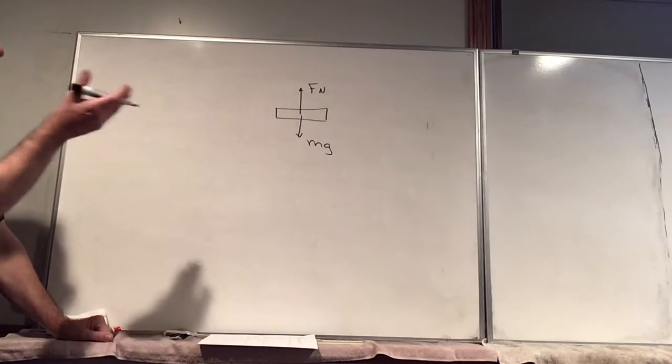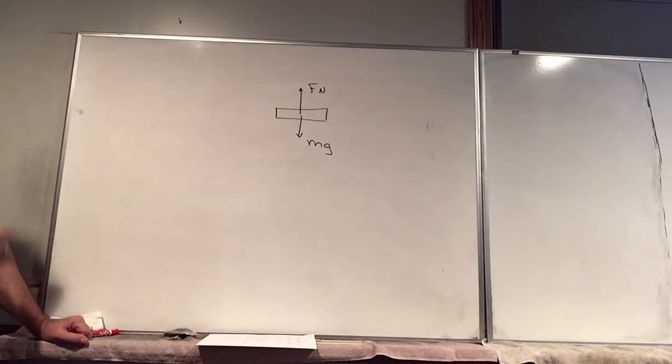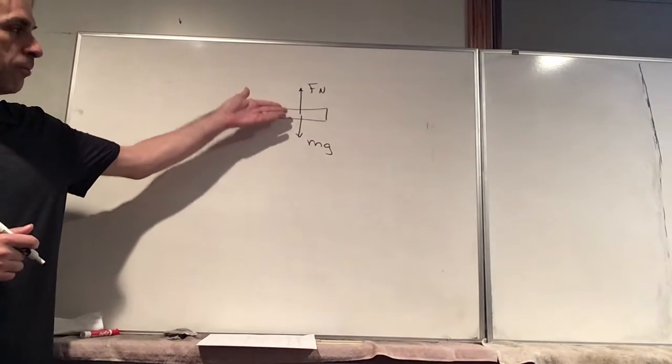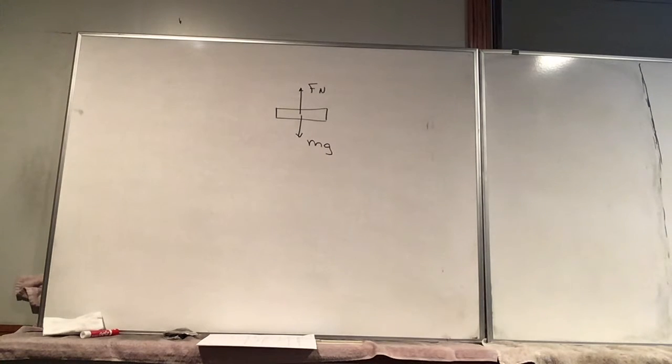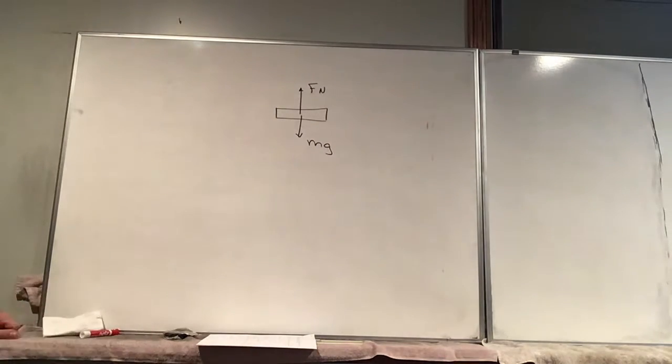So the table is pushing up on the book, and the book is pushing down on the table. That's Newton's third law. Here, gravity is coming from the earth pulling on the book, and the book is pulling back on the earth. So the answer to that one was no. That's not an example of Newton's third law.